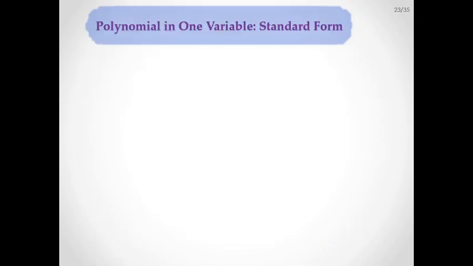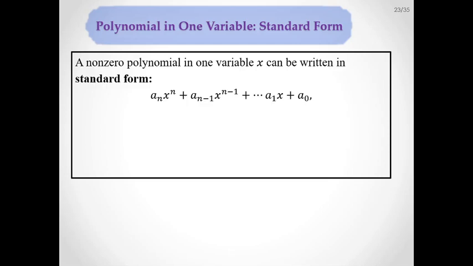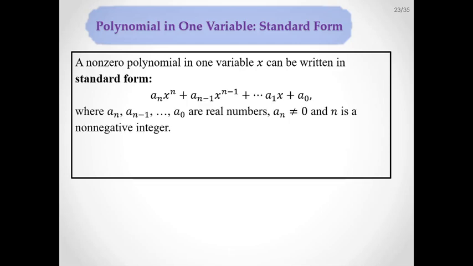Now let's look at the polynomial in one variable. The first thing we will see is the standard form of a polynomial. A non-zero polynomial in one variable x can be written in standard form. Pay attention to this phrase, standard form. When we say standard form, the degrees of the monomials will be in order.